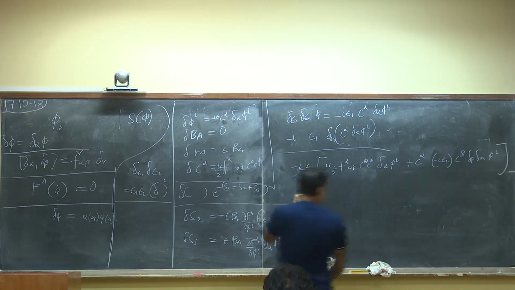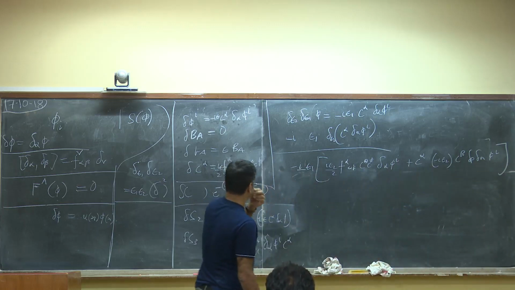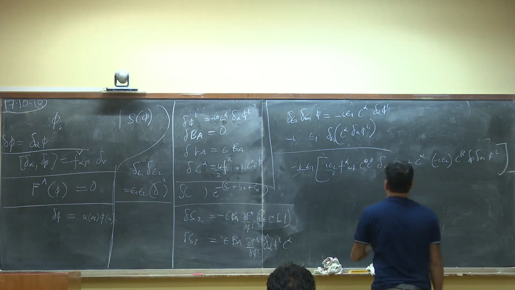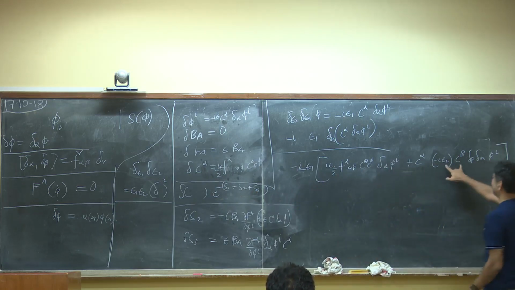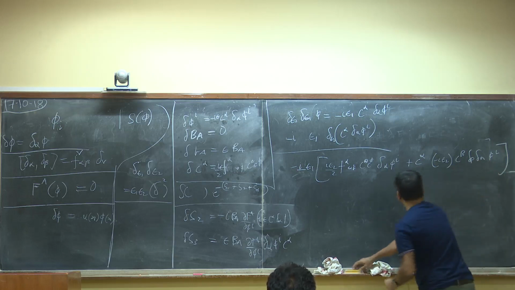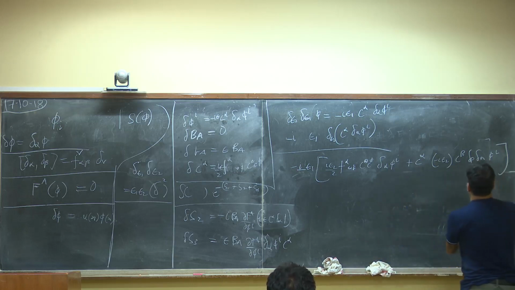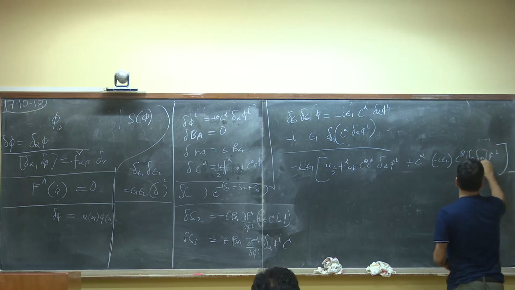Okay. Now, once again we use the same trick. Delta beta delta alpha can be replaced by the commutator divided by 2.